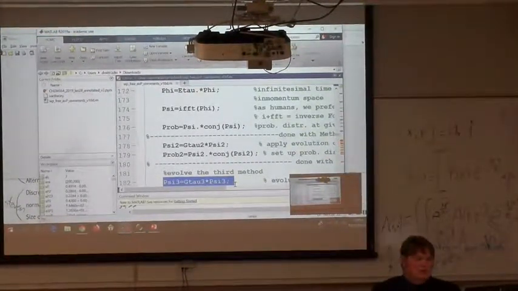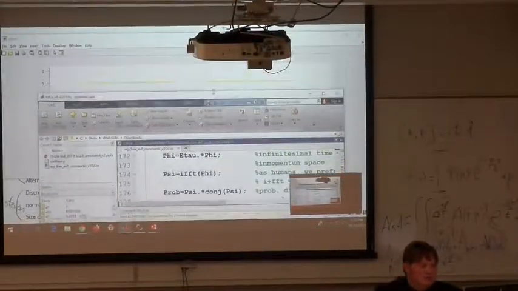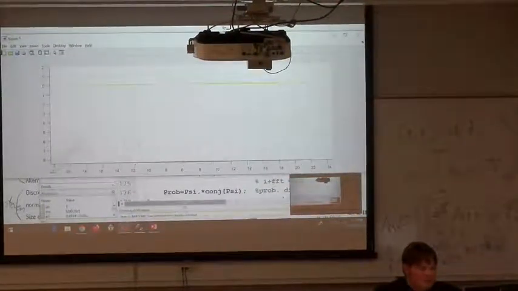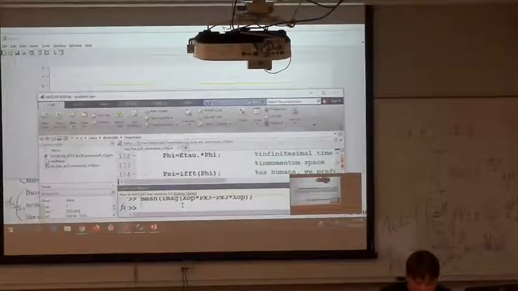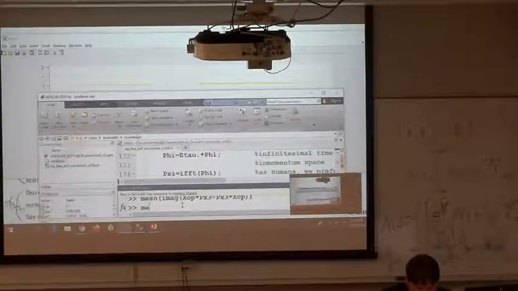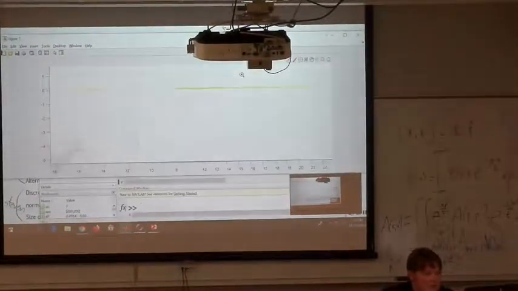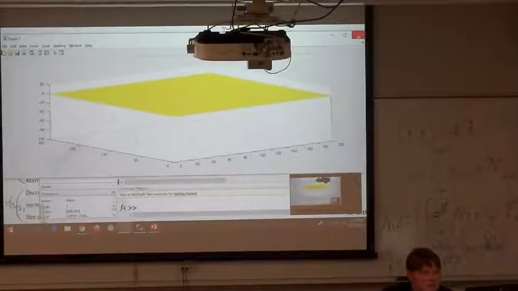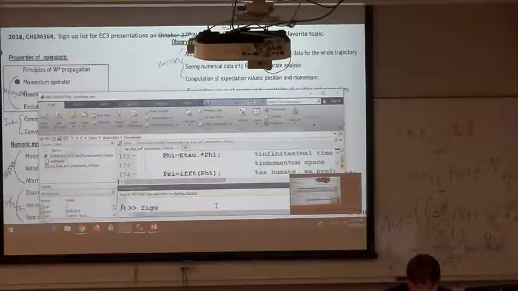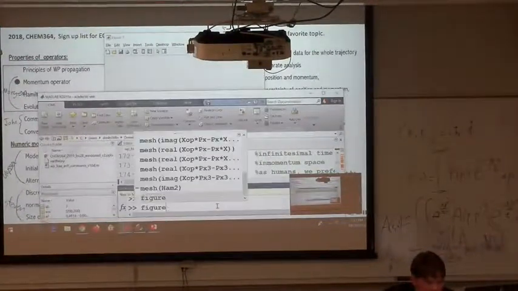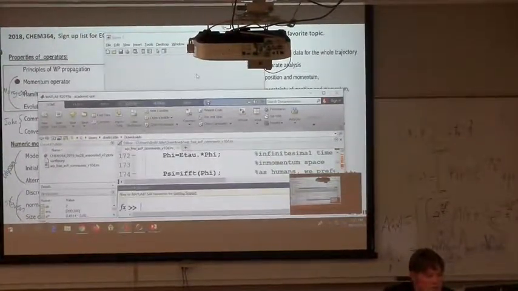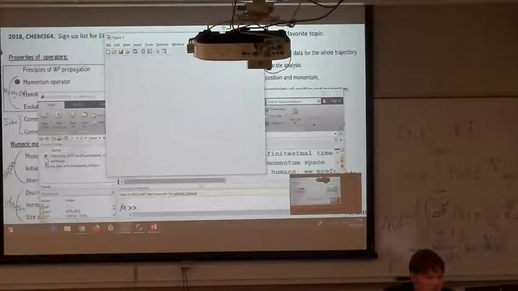Let's plot, just explore what it gives. So if I do mesh CHEM2, close, new figure. It doesn't like me.